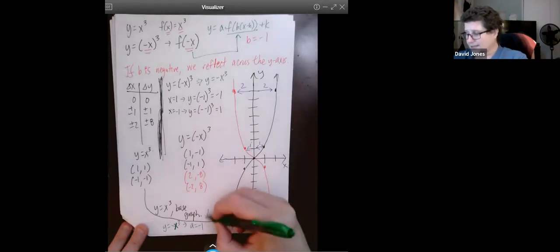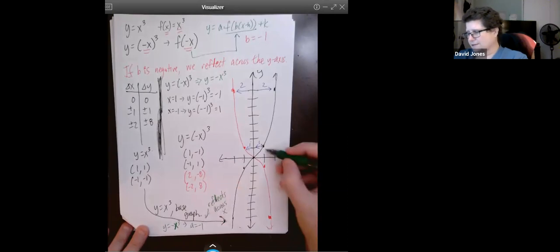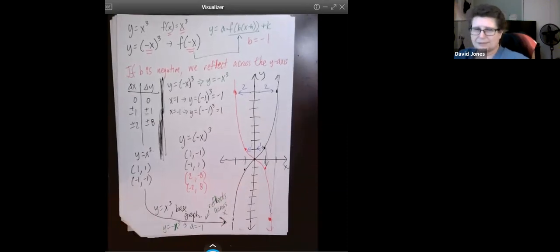That reflects across x. So that reflected downward, that reflected downward. Y equals x cubed is one of the special ones that does that. It reflects across both when you stick in -x.